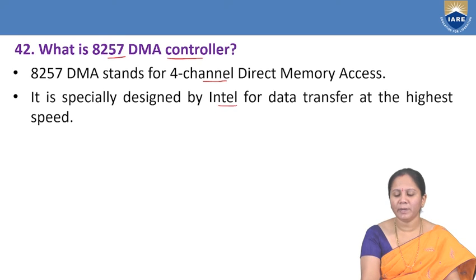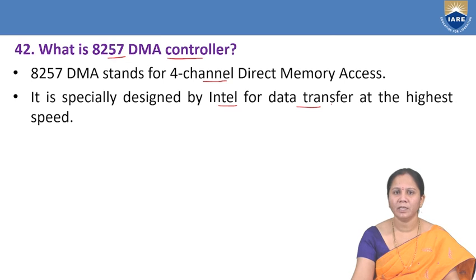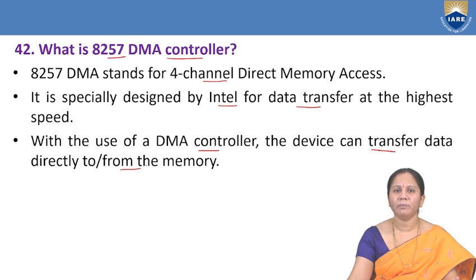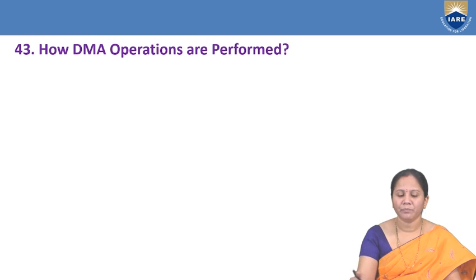It is designed by Intel for performing data transfer at the fastest rate. With this DMA controller, the device can transfer data directly to and from the memory. I/O devices and memory can communicate directly with the help of the 8257 DMA controller.